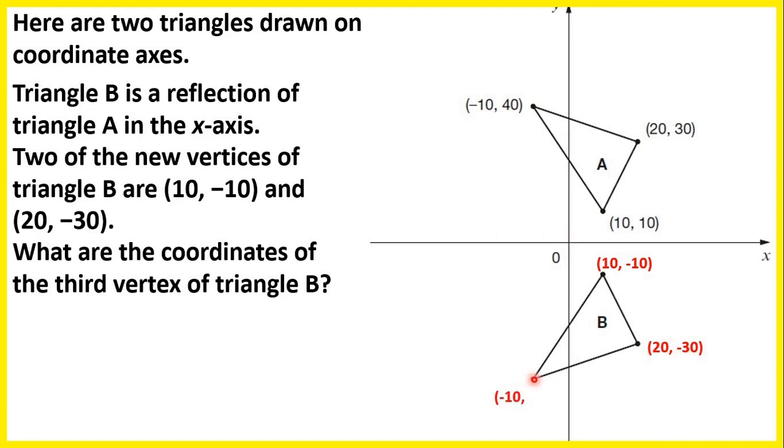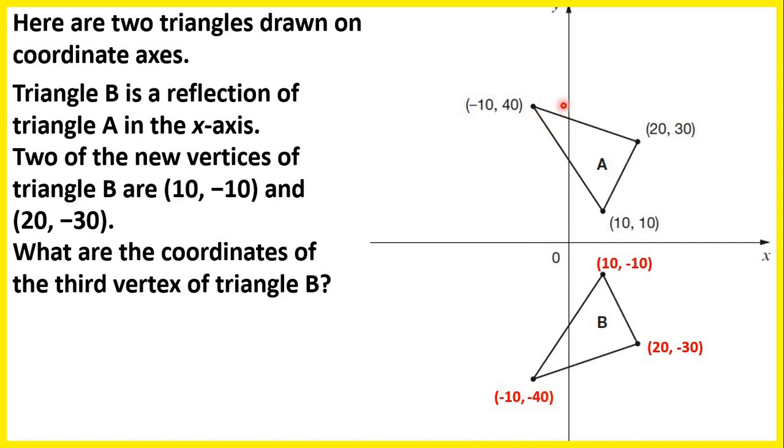And that means the x-coordinate for this point, so for the third vertex, will be minus 10, because if we go up from this point, we get to here on our x-axis, and that's the same point as if we go down from this point here. So that's an x-coordinate of minus 10, and then our y-coordinate will be minus 40.